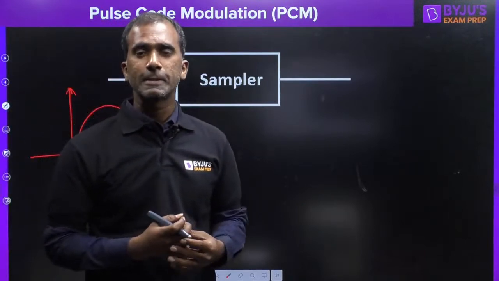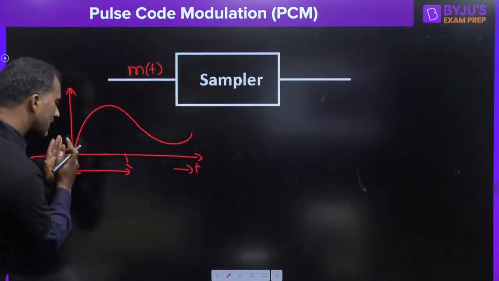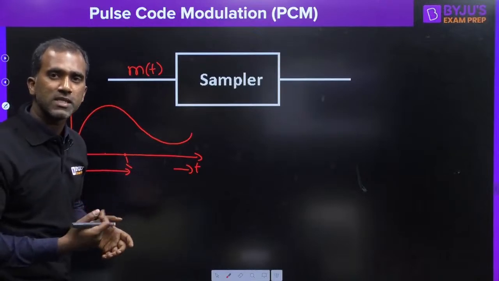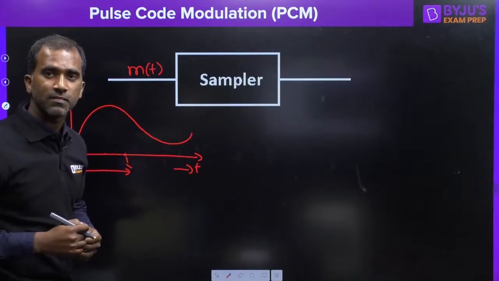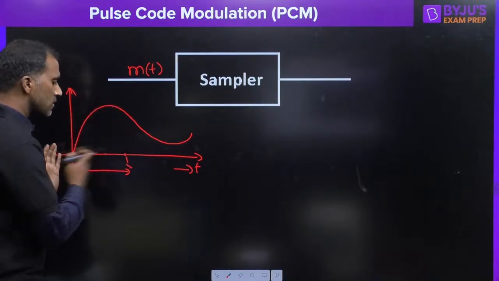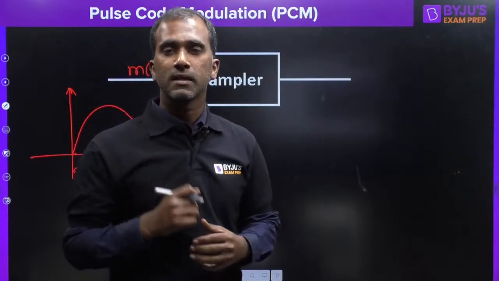There are infinite samples, because there are infinite time instants, and at every instant we are having one sample.